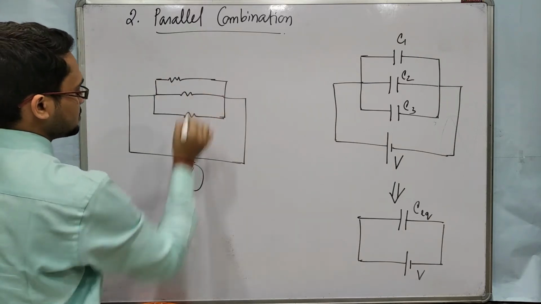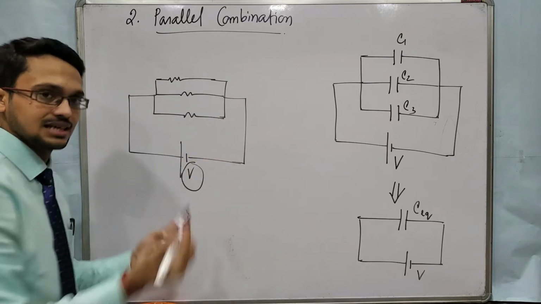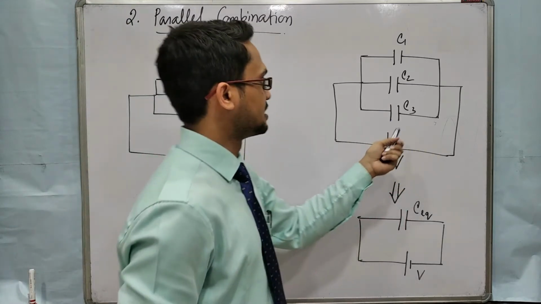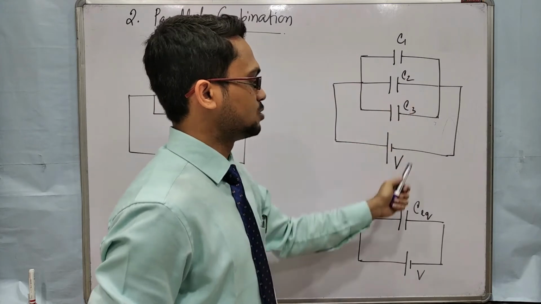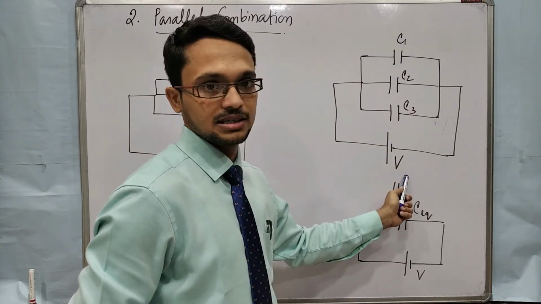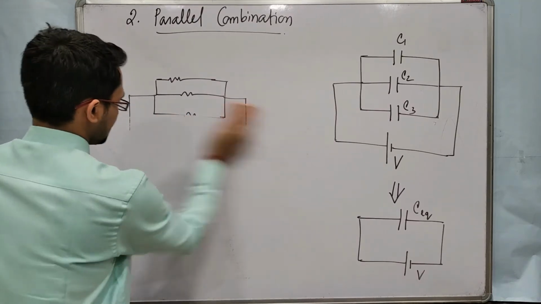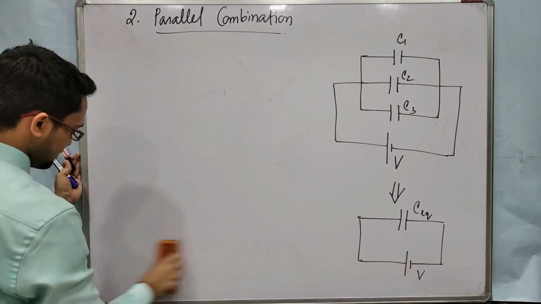Across this resistance, potential is V. Across this resistance, potential is V. Across this resistance, potential is again V. So here the same situation you will see, that across this capacitance C1 potential is V, across C2 potential V, across C3 potential V. So here the constant physical quantity is the potential difference across each capacitor.